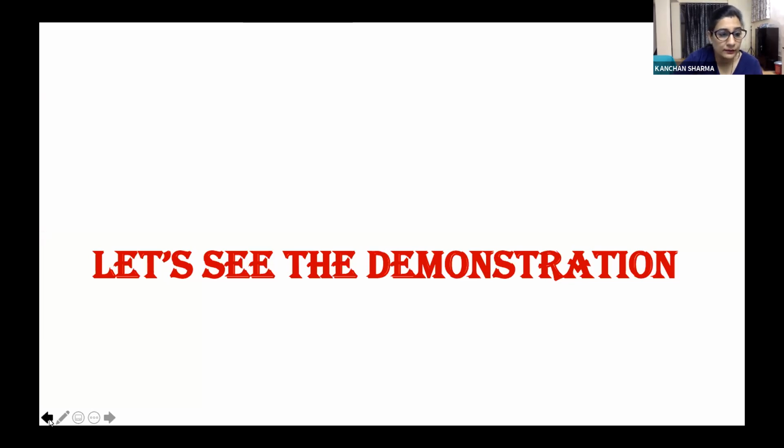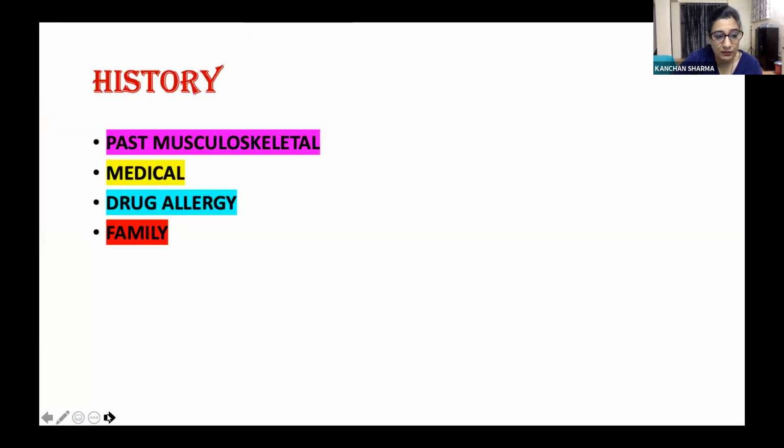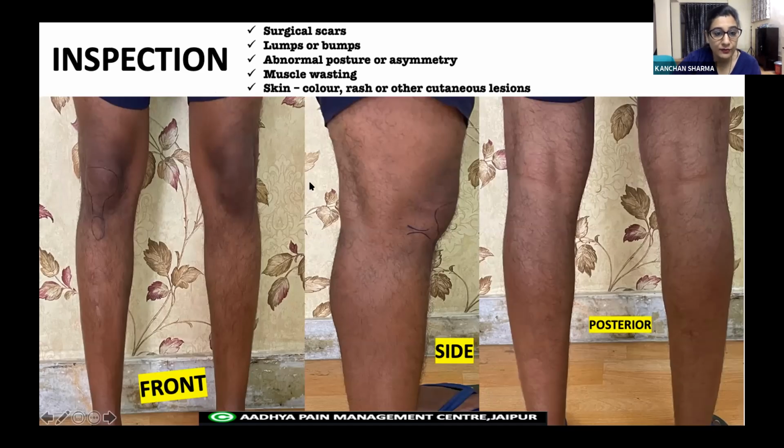So one thing again from the history, let me revise once again for you. In the history, if a patient is complaining of pain, decreased range of motion, stiffness, think of a joint pathology. If the patient is complaining of pain with some kind of instability, giving away of the knee, think of a ligament pathology.